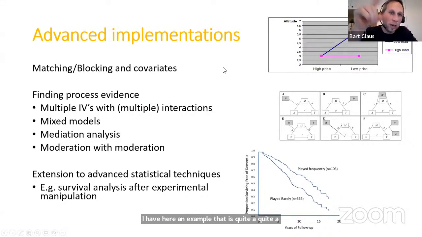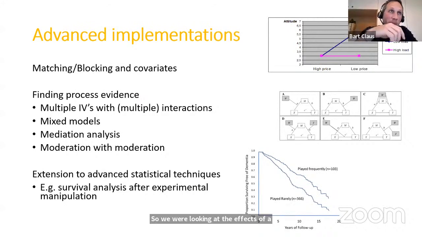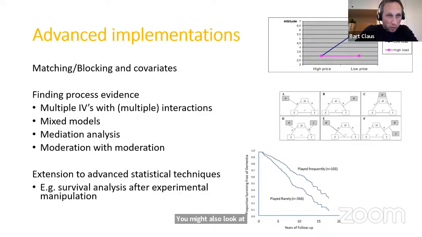So we were looking at the effects of a price difference, right? To understand the process behind people's changing attitudes towards price difference. We might also look at cognitive load, right? The extent to which people's mind is occupied with, I don't know, worries that they have, things that they need to remember, things that they have on their mind, right?